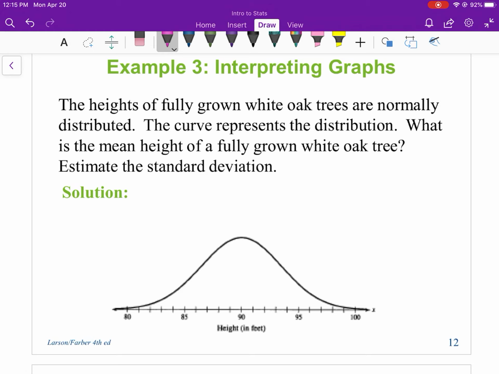Okay, so this example, the heights of fully grown white oak trees are normally distributed. The curve represents the distribution. What is the mean? And what is the standard deviation? So if we find our halfway mark, we have our mean.